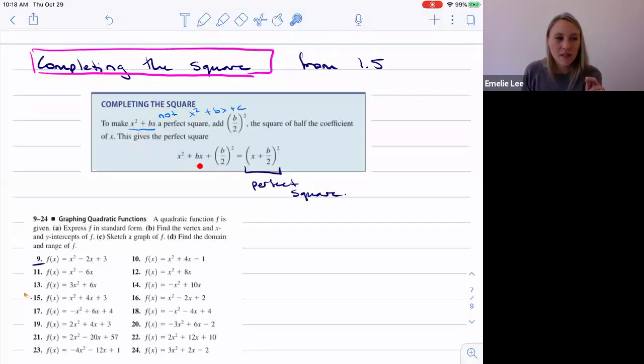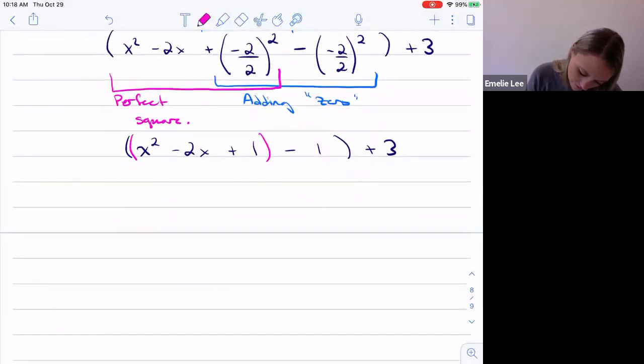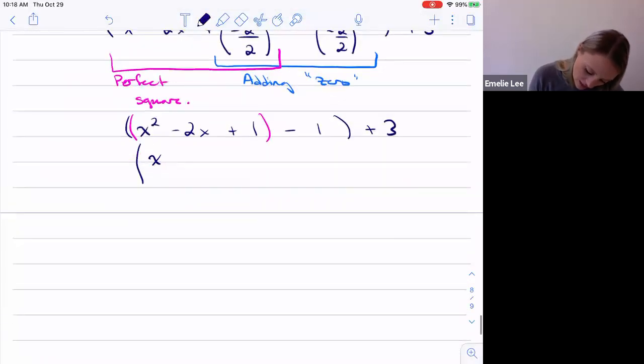If we have something like this, we've simplified our b over 2 squared, but what we can do is now rewrite this as a perfect square, x plus b, which is negative 2 over 2, so x minus 1 squared. So we get x plus b.